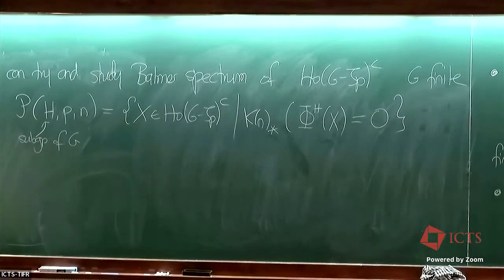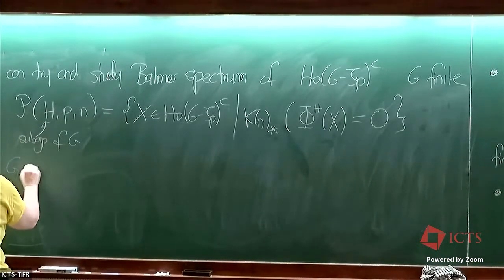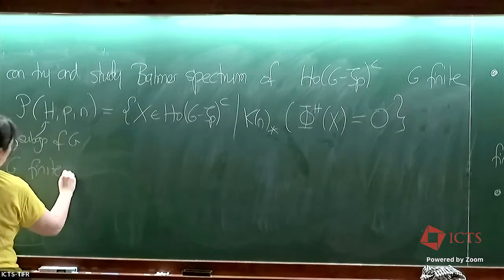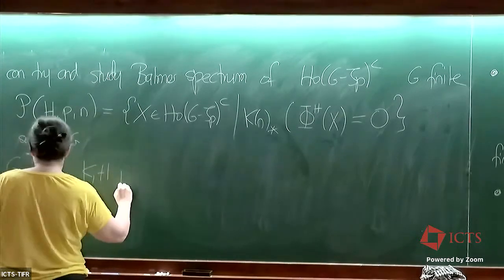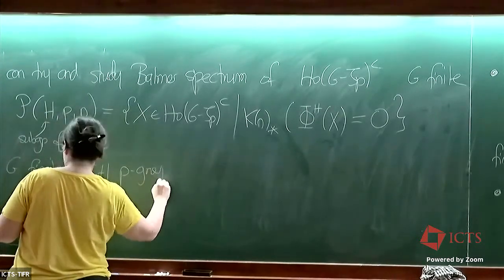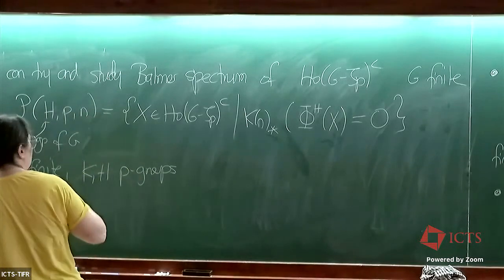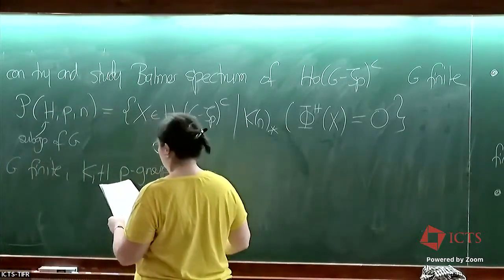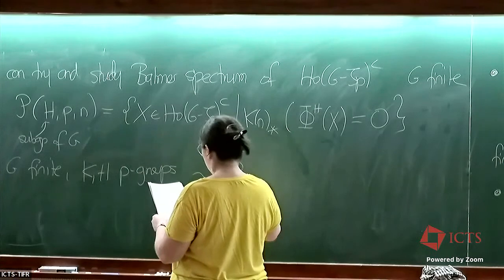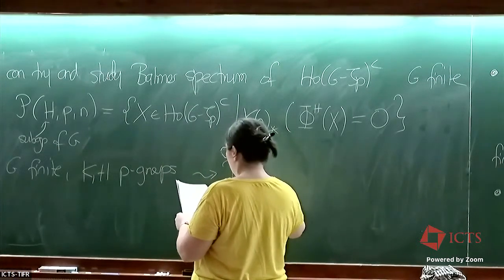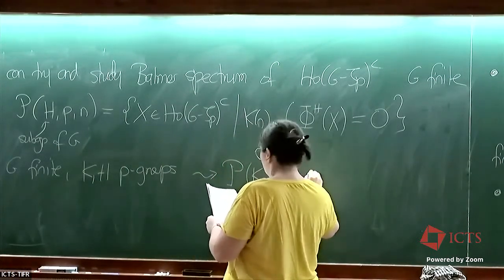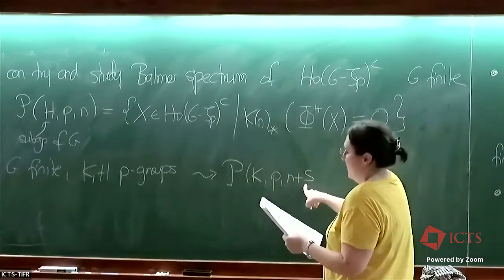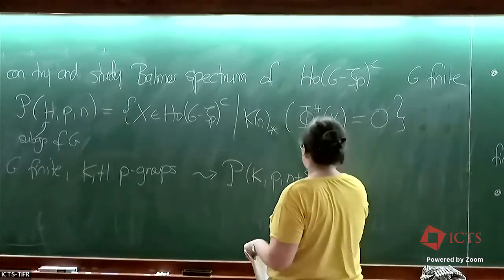So if I have a finite group and K and H to be P groups, then one knows that this one, and there is an S, I could specify that if you really wanted to.